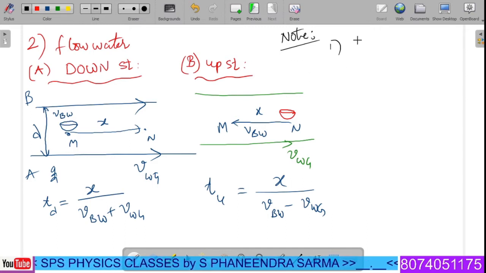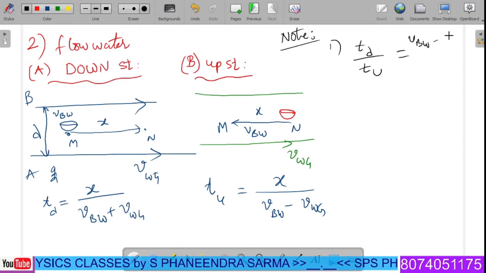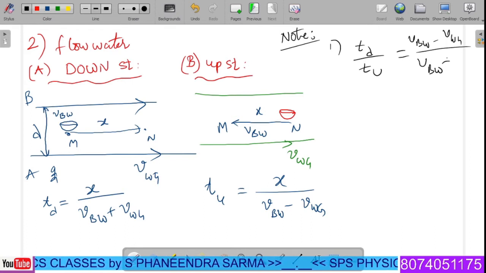When you consider the ratio TD by TU, upon taking the ratio, x cancels, then we have VBW minus VWG divided by VBW plus VWG. That is the first one.